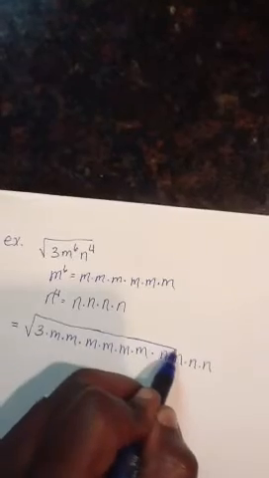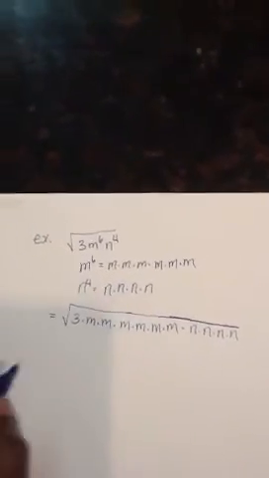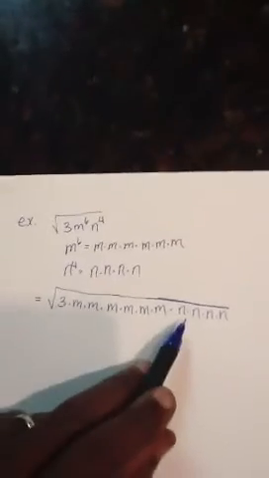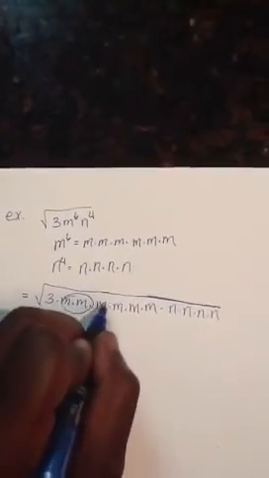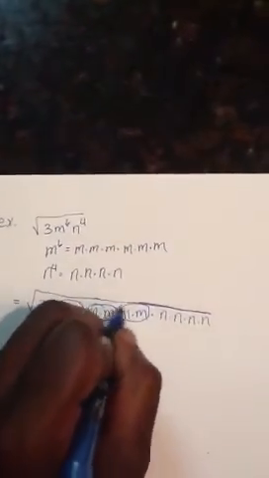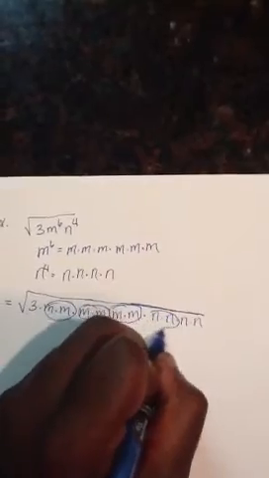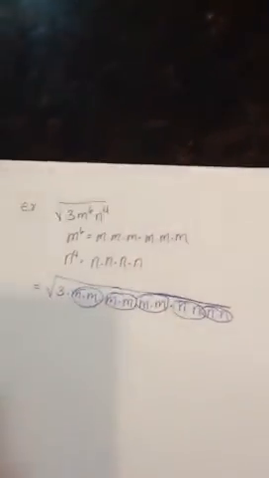It's a pretty long expression. I agree. However, it's necessary because now that we've expanded it, we can see that we have a pair of m's here, a pair of m's here, a pair of m's here, a pair of n's here, and a pair of n's here.